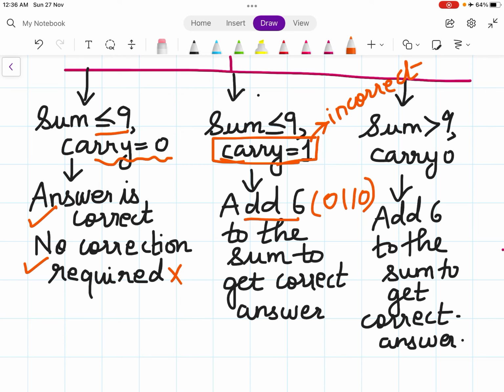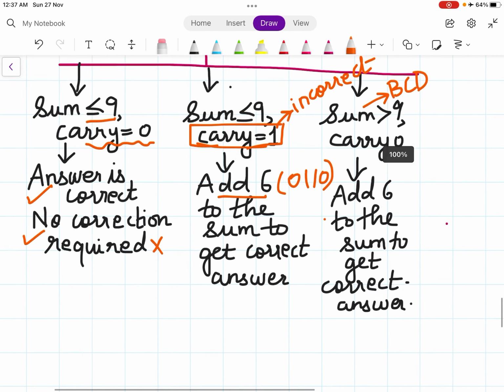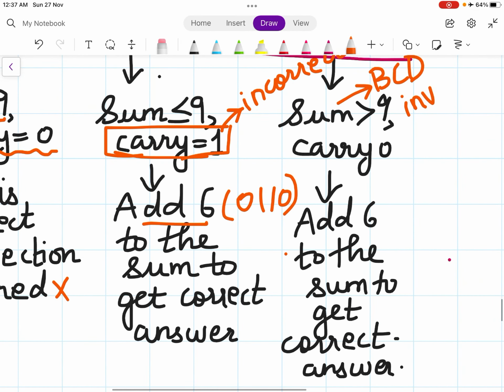If the final carry generated is 1, or if the sum is greater than 9, that means the BCD is invalid. In this case, though the carry is 0, we have to add the correction 6. So there are two cases where the correction 6 has to be added.